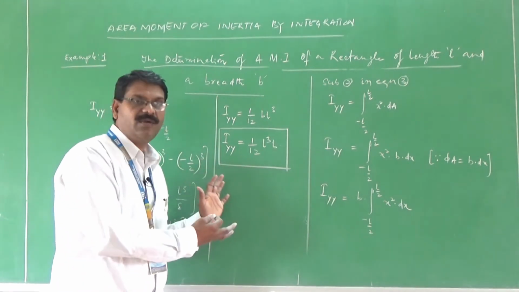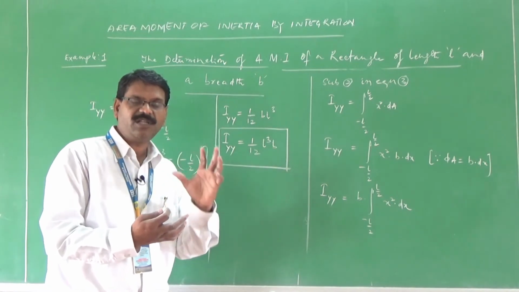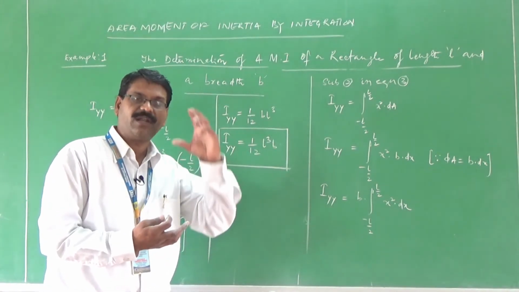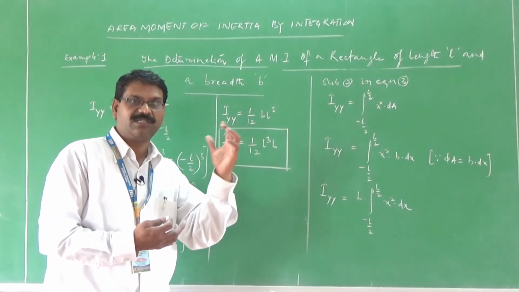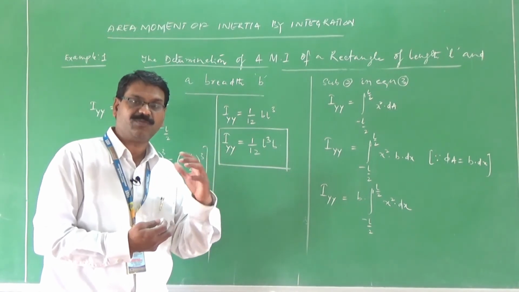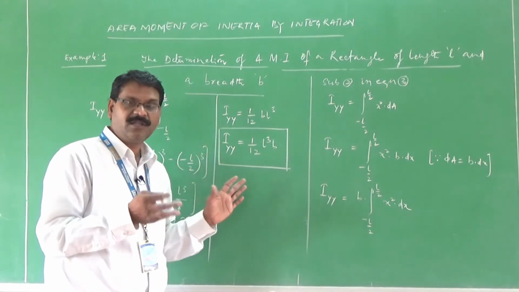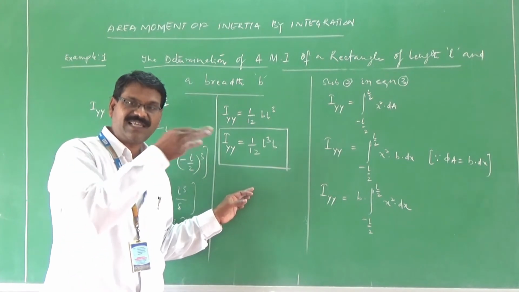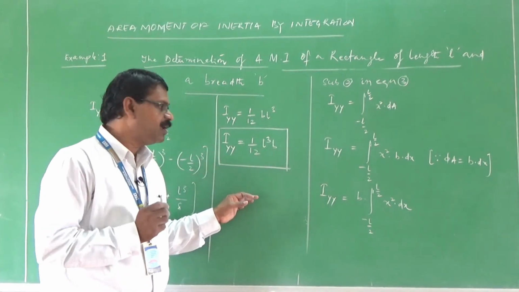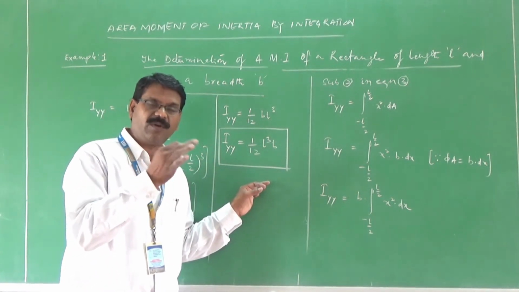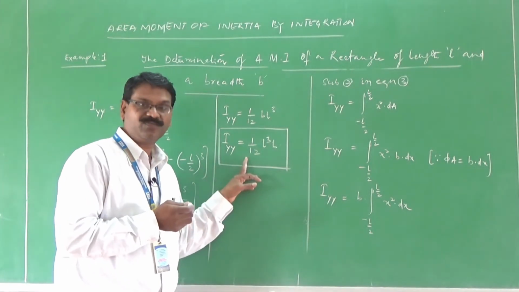So in this way, we could find the determination of moment of inertia of a rectangle whose length is considered as L and whose breadth is considered as B. The moment of inertia with respect to x axis is denoted by I_x, and the moment of inertia with respect to y axis is denoted by I_y.